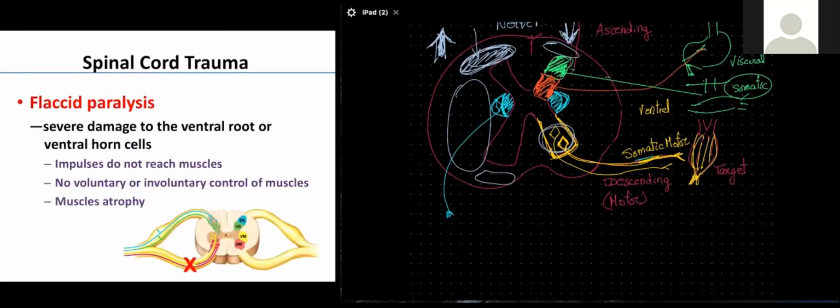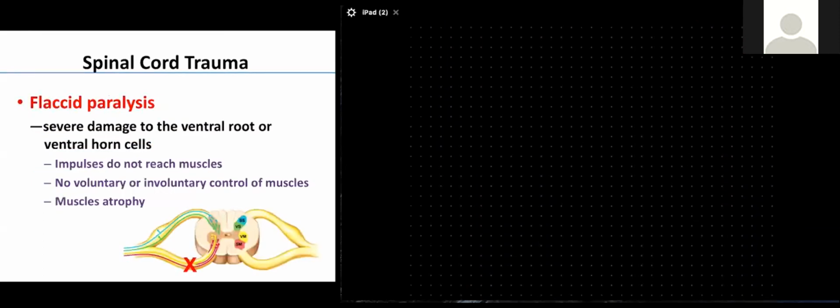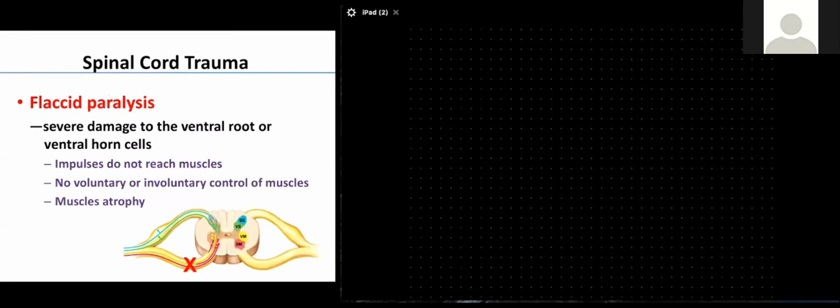We have two types of paralysis. First, in order to understand the difference between the two types, we need first to understand where and how the signal is going to be conducted to reach my skeletal muscle. So remember, what was the brain area responsible to initiate the voluntary motor movements?